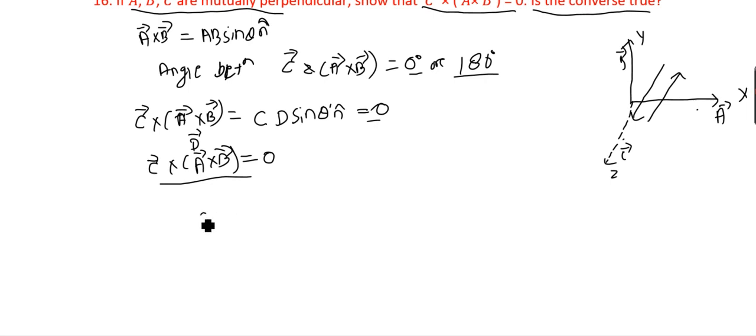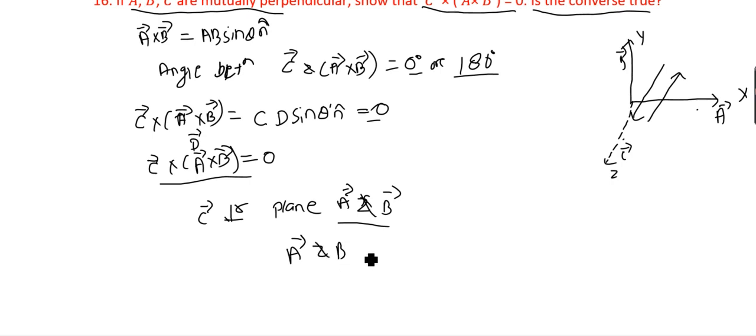From this we can conclude that C vector is perpendicular to the plane which contains A and B. That means it does not require that A and B are perpendicular to each other.